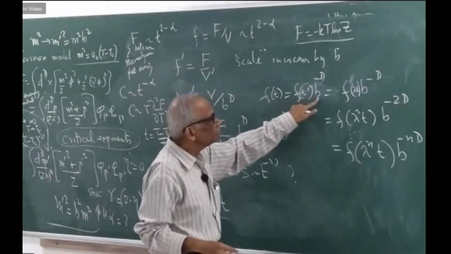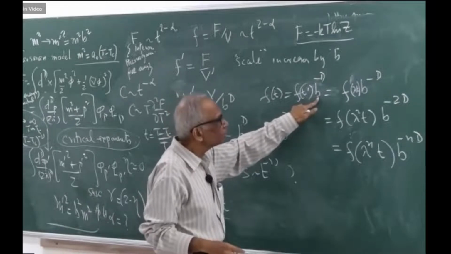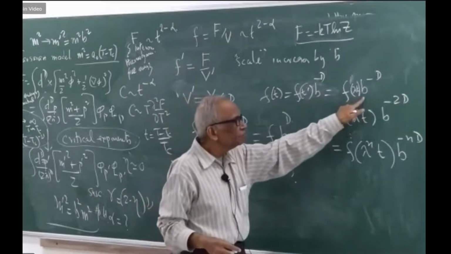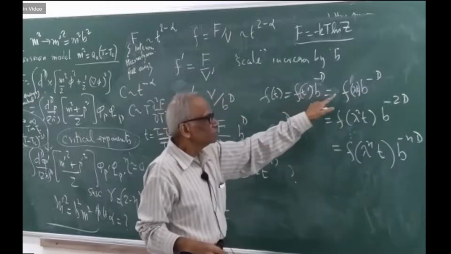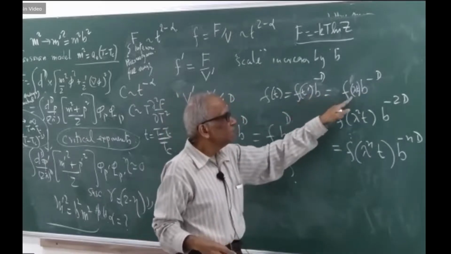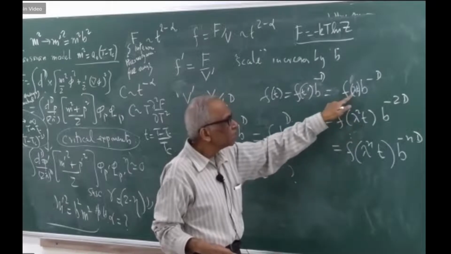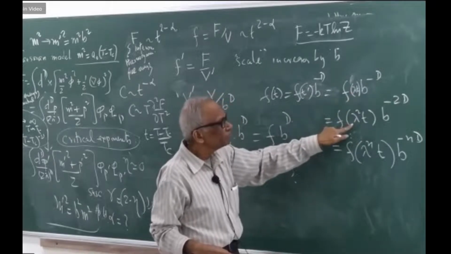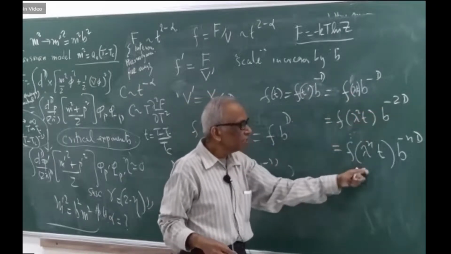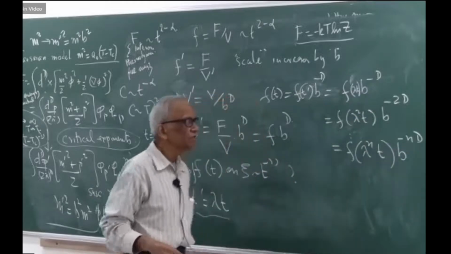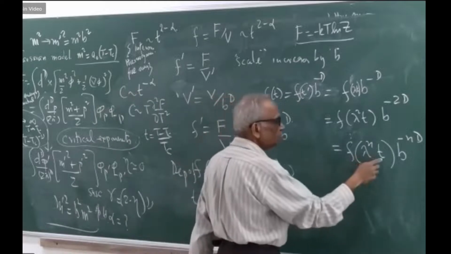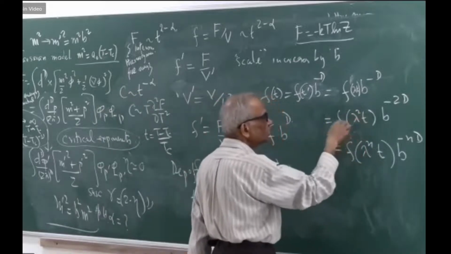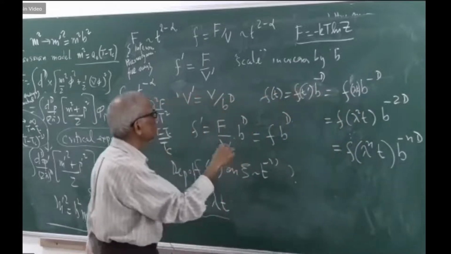It is changed by a factor of b to the power minus d. Then if you go another step, you pick up another factor of lambda, and after n steps you have lambda to the n over here. So every time you are moving away and away, more and more away from the critical point.